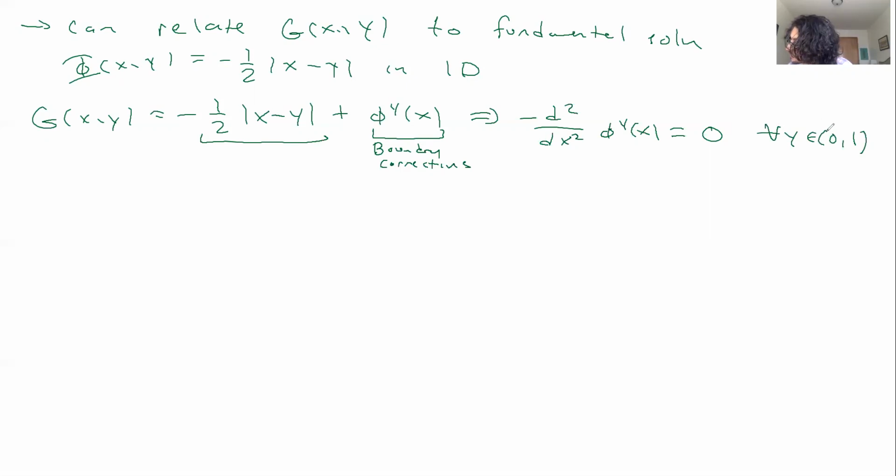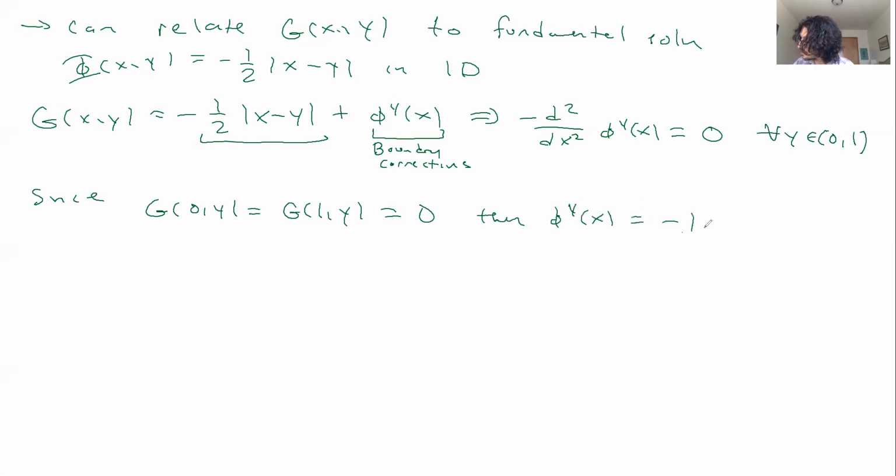And also, since g of 0,y is equal to g of 1,y equals 0, then we know that phi_y of x is equal to minus our fundamental solution, okay, at x equals 0 and x equals 1, okay? So that's our setup here.